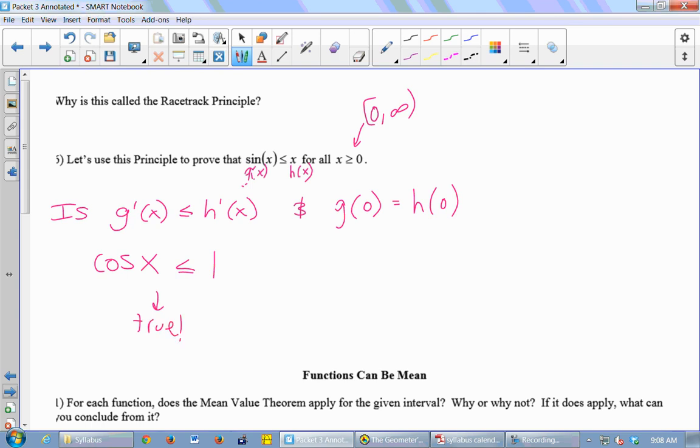And what is g of 0? 0, yeah. And h of 0 is 0. True. So I've shown the two if parts are true. That means I am allowed to conclude the then part. Okay.